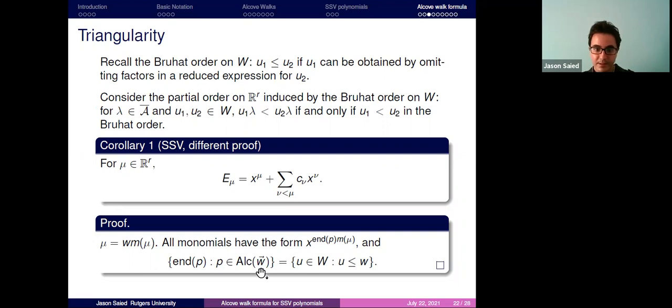And like we said, the way you would get some Alcove walk, some endpoint, is by taking the reduced expression and omitting SIs, which is precisely everything less than W in the Bruhat order. So triangularity falls out immediately. Any questions so far?